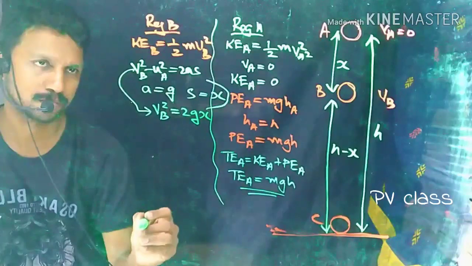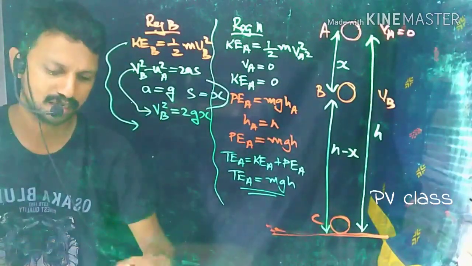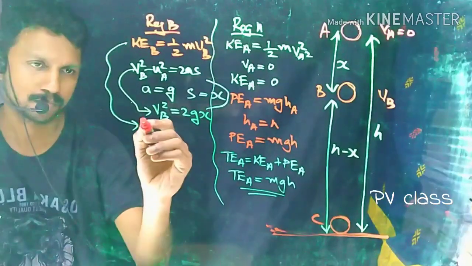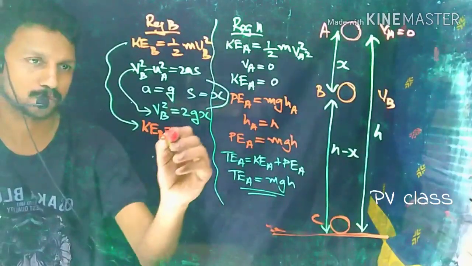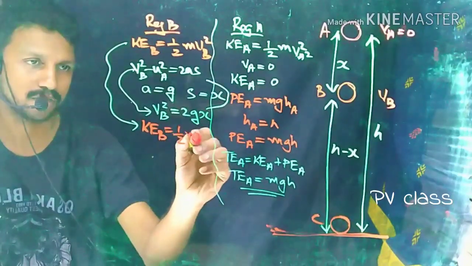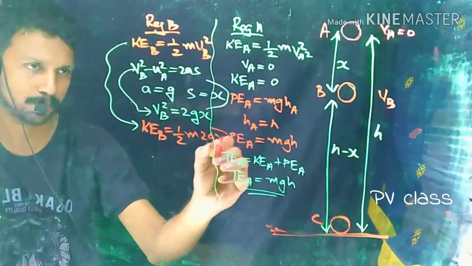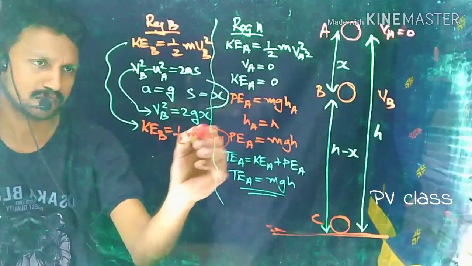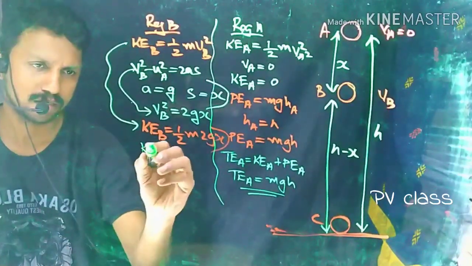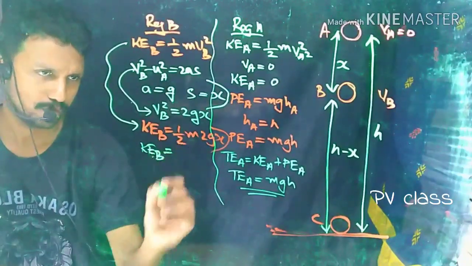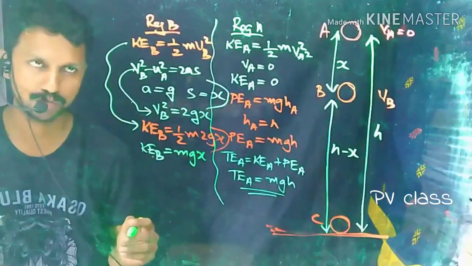Therefore, we could write the kinetic energy at region B as half m Vb square, which is 2gx. We could cancel this 2 and 2. Then finally, kinetic energy at region B will become mgx.